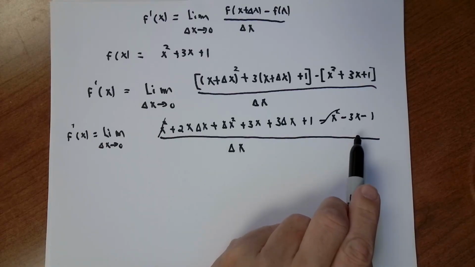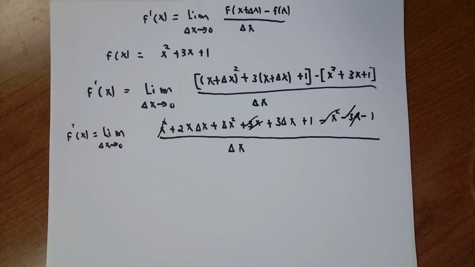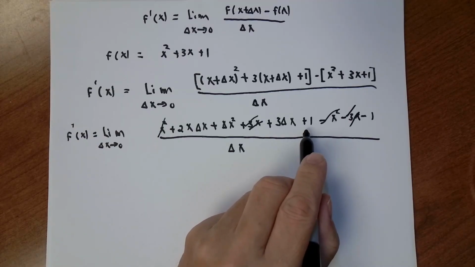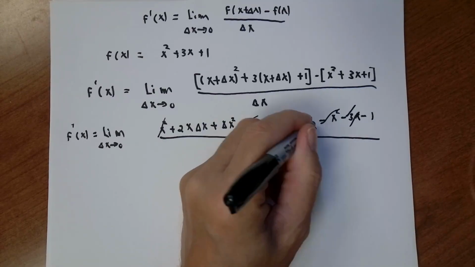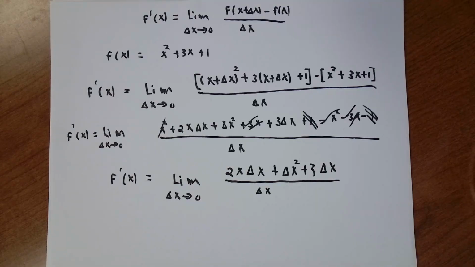Later I subtract 3x. Those terms cancel out. Lastly, there's a 1 added in, and a minus 1. So those cancel out as well. Even so, I can't just set delta x equal to 0 because I'll still get 0 divided by 0. On the other hand, if you look at the top of that fraction, every term has a factor of at least 1 delta x in it.